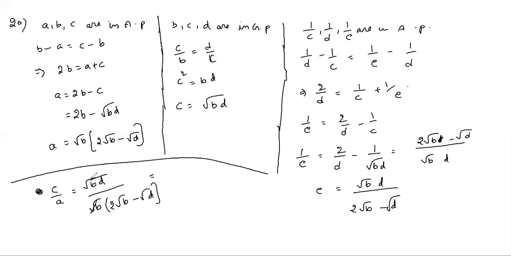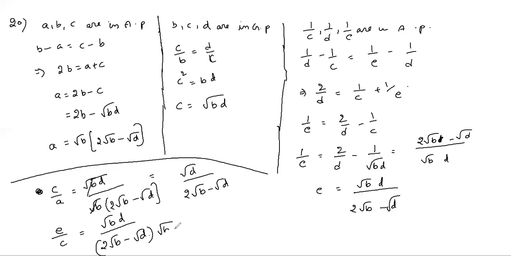Root B will cancel, so it equals root D by (2 root B minus root D). Next, similarly, E by C. E by C is E value, root BD by (2 root B minus root D), divided by C, and C is root of BD.